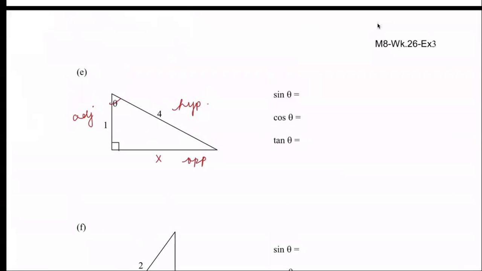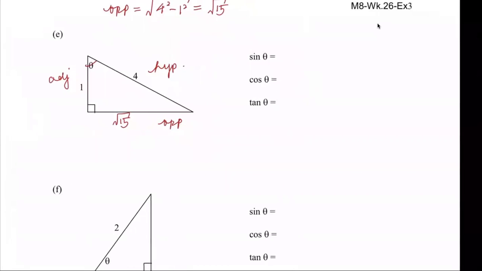We know the hypotenuse is equal to 4 and the adjacent side is equal to 1. So what is the opposite side for this triangle? It is the square root of 4 squared minus 1 squared, which is the square root of 16 minus 1, which is 15. So the opposite side is square root of 15. Now sine theta is equal to O over H, which is square root of 15 over 4.